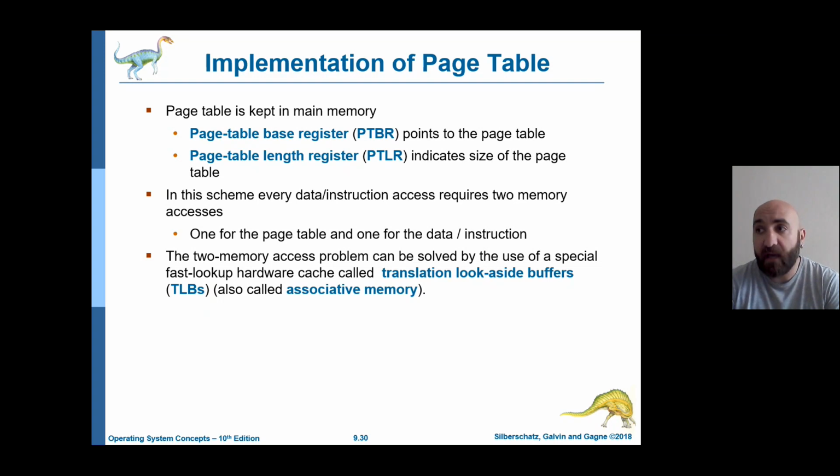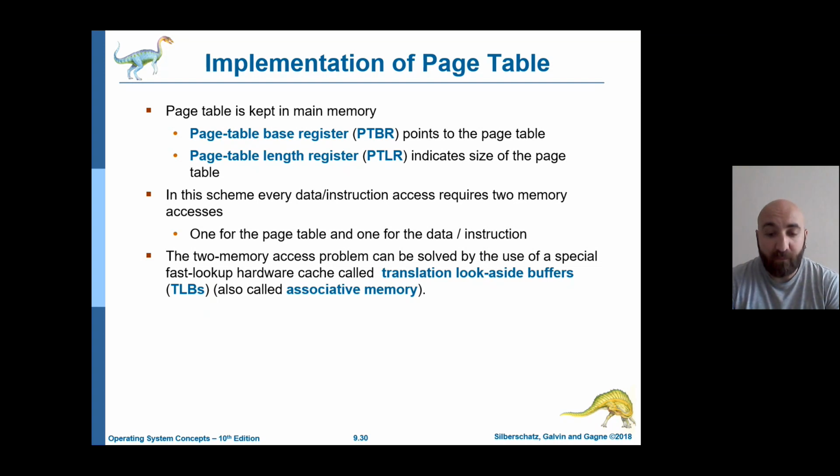So basically we have two registers: one points to the base, and the second gives the length of the page table. Caching the page table requires changing only this one register, reducing context switch time. So we know the base, and if you want to change it, you just need to change the register.